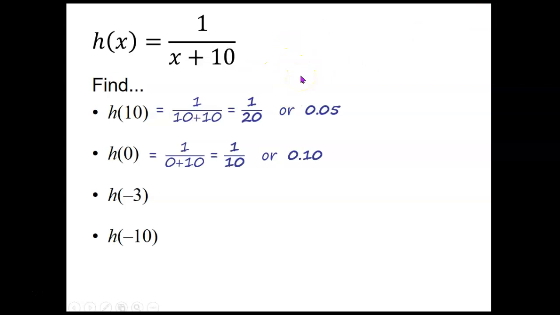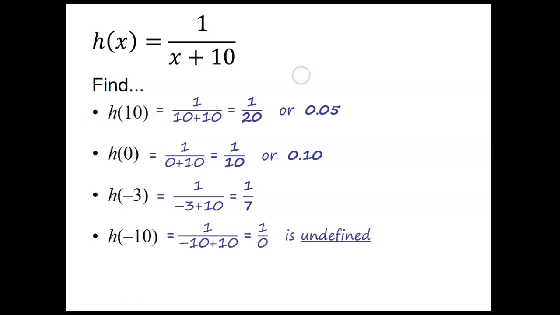h of negative 3 would be 1 over negative 3 plus 10, 1/7. h of negative 10 would be 1 over negative 10 plus 10, 1 over 0, but we can't do 1 over 0, that's undefined. You can't divide by 0. So this is a function where if we try to put negative 10 in for the input, we don't get an output. The function doesn't work on that particular input.